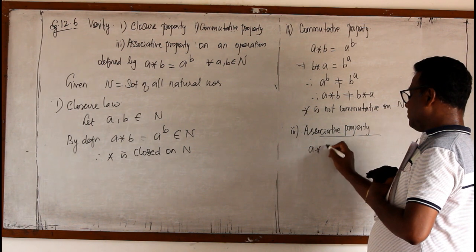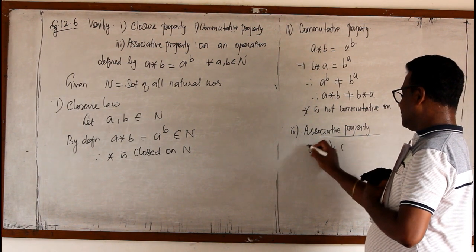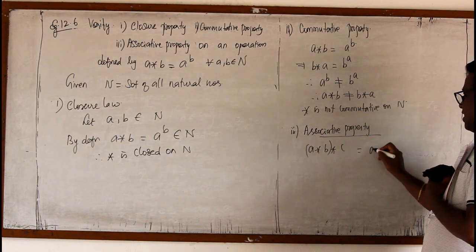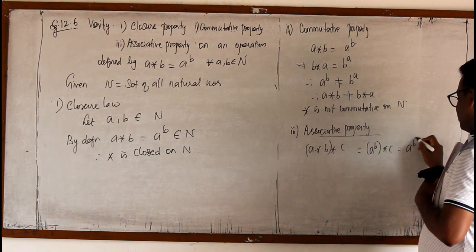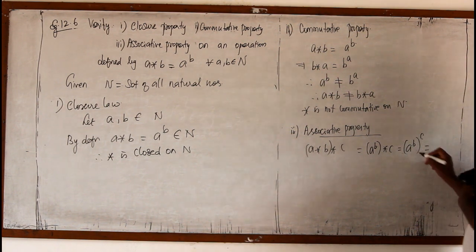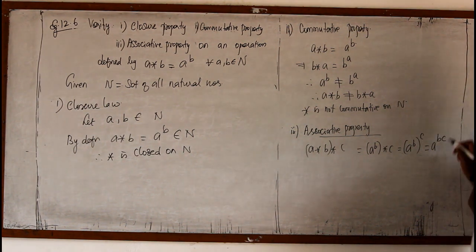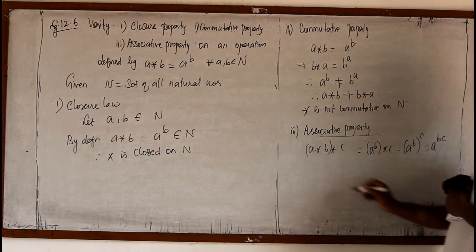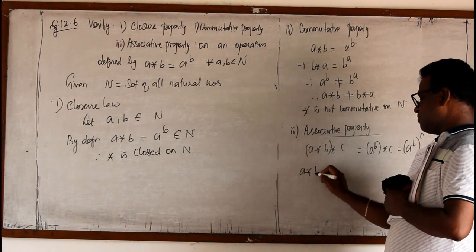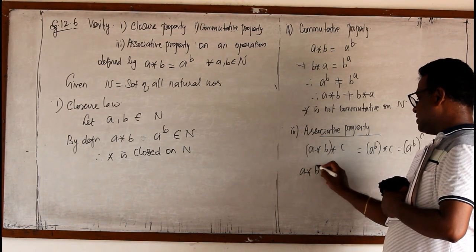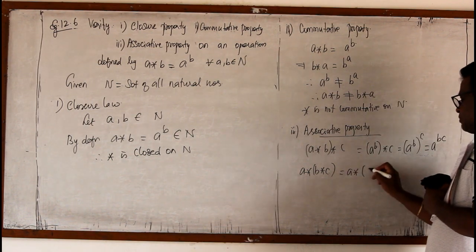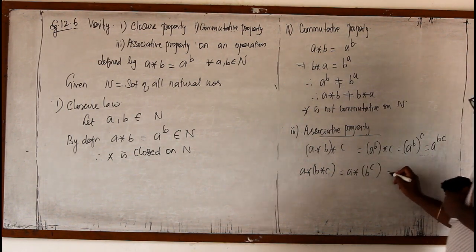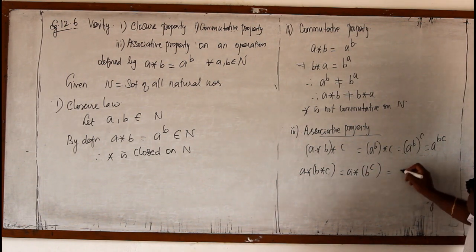Let me take three elements, (A star B) star C. As per star, it is A power B, star C. Then it is (A power B) power C. Power of power means I can multiply. It is A power BC. We shall see what happens in the other order, A star (B star C). As per the bracket, it is B power C. Then as per the star, it is A power (B power C).